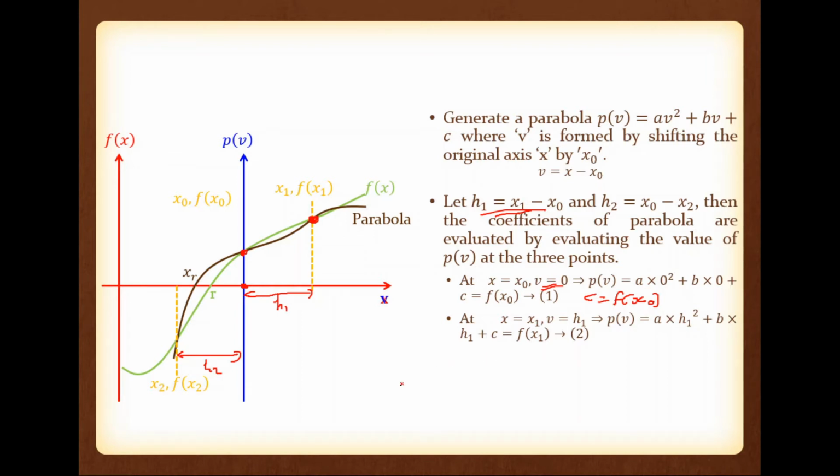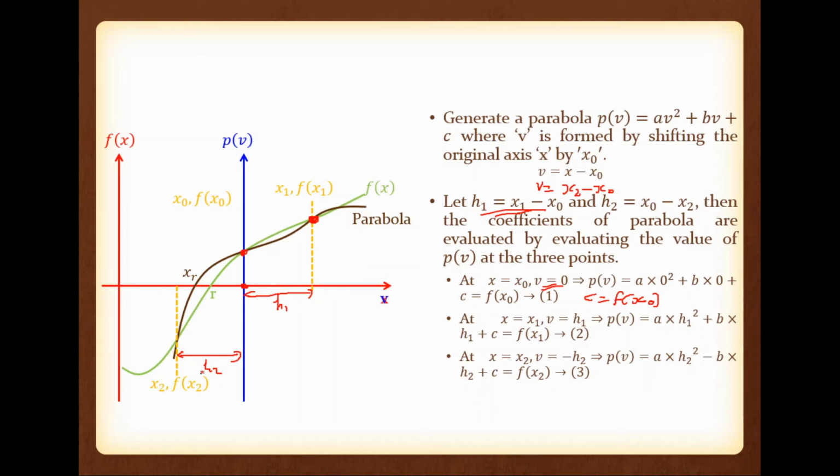So now, at x equal to x2, what is the value? At x equal to x2, what about v? v is equal to x2 minus x0. What is x2 minus x0? What is x0 minus x2? That is h2. So x2 minus x0 is minus h2.